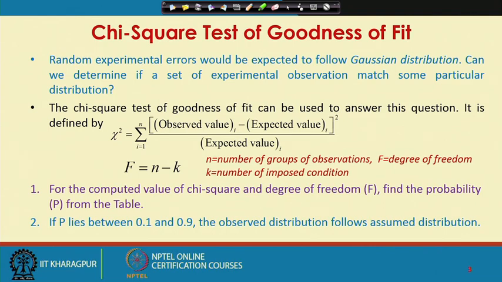So, what is done is you find the chi-square value from the set of data. In principle, if chi-square equals 0, the distribution in the data is equal to the distribution that you have assumed.